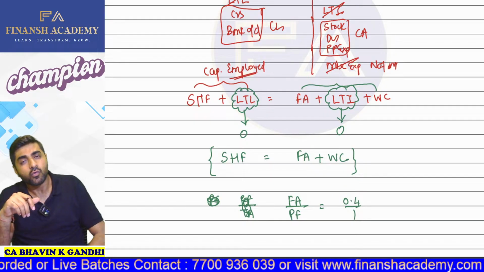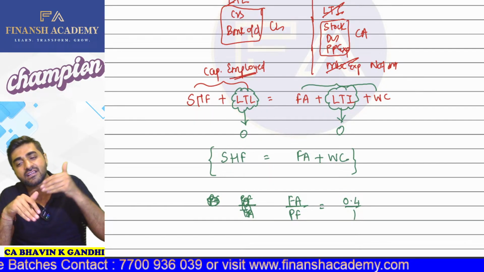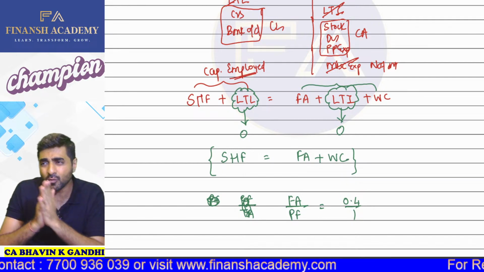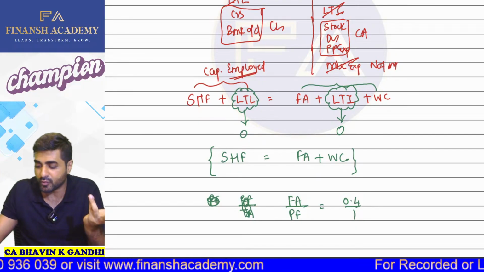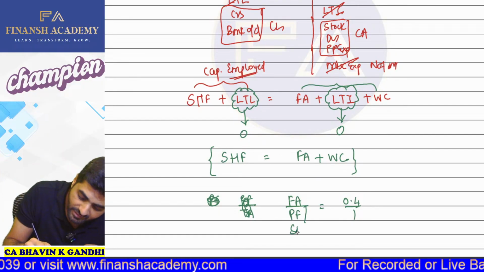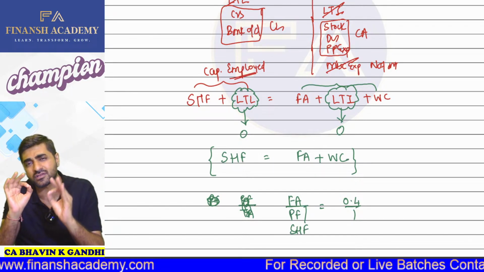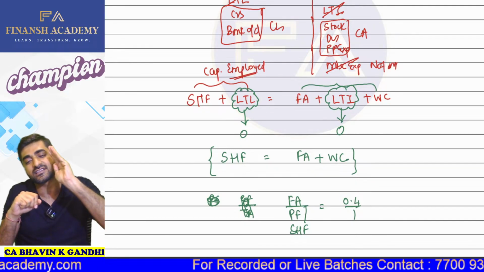What does this mean? For 1 rupee of proprietors' funds, my investment in fixed assets is 0.4. Proprietors are nothing but shareholders. So if 1 rupee is blocked by shareholders, in my fixed assets there is 0.4.